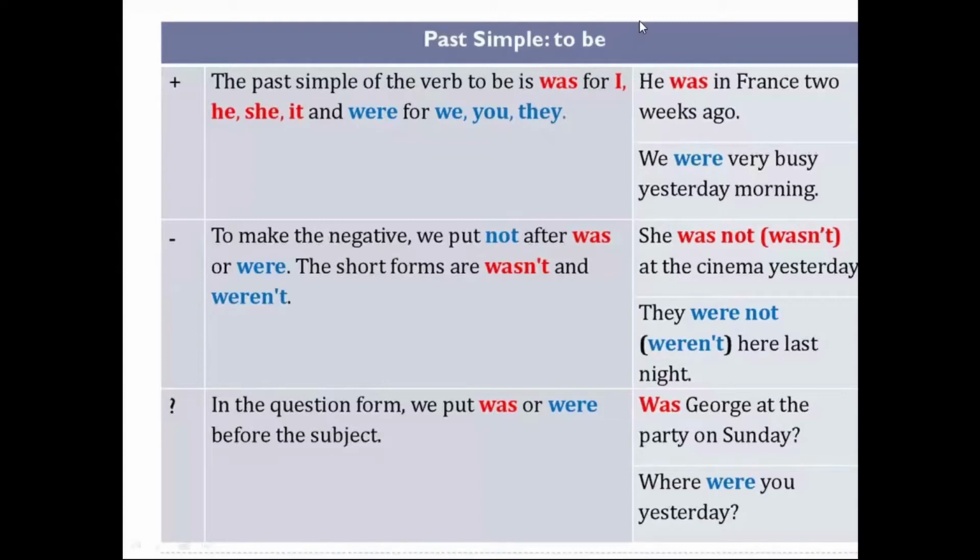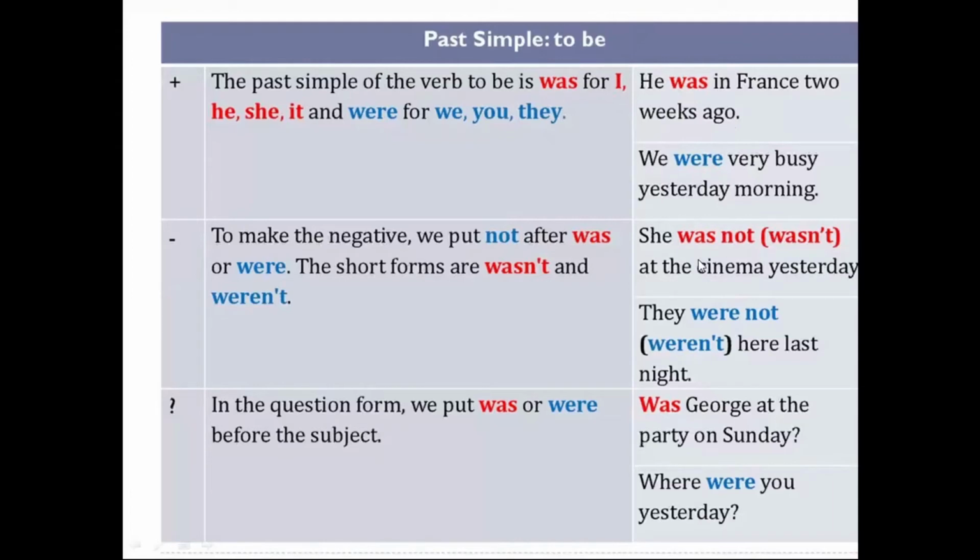So to be in the past, I have already explained. Let's see the examples. He was in France 2 weeks ago. We were very busy yesterday morning. Or negative one: She was not at the cinema yesterday.